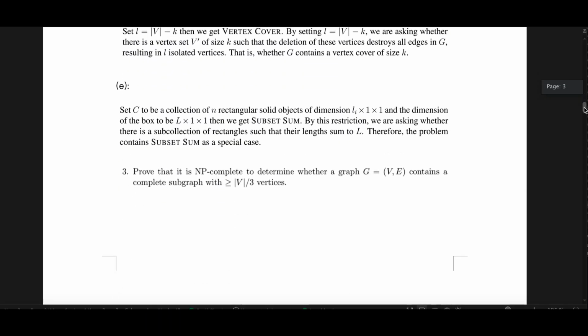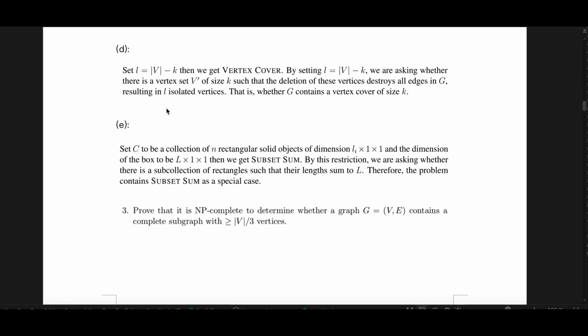And the fourth question is: determine whether a graph G contains no larger than K vertices whose deletion results in at least L components. The answer is that if we set L equals to the number of V minus K, then we get the vertex cover.